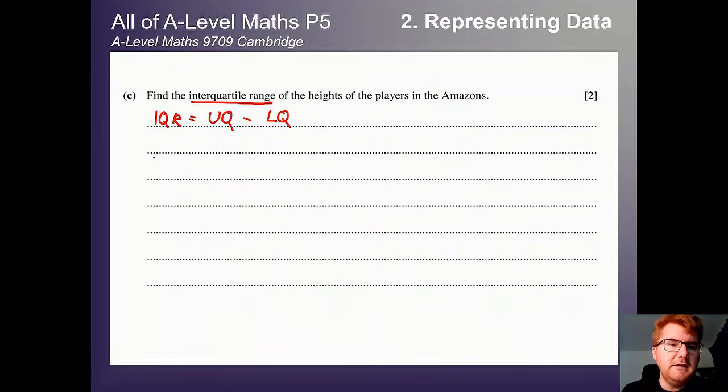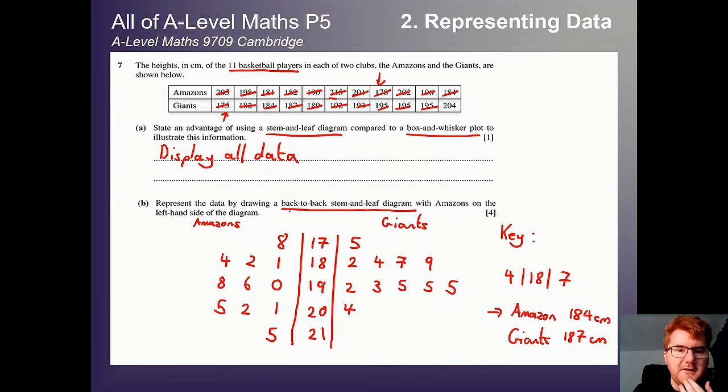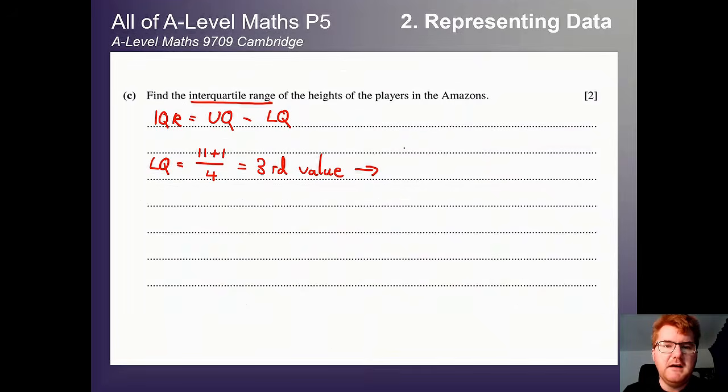So to work out the lower quartile, we do 11 plus 1, divide that by 4. That's going to give us the third value. So if we look at our stem and leaf diagram, we're looking for the third value. So 1, 2, 3. So that's going to be 182.